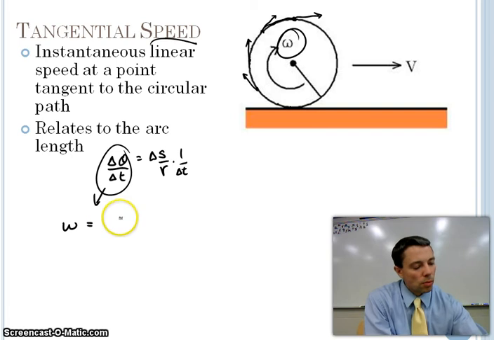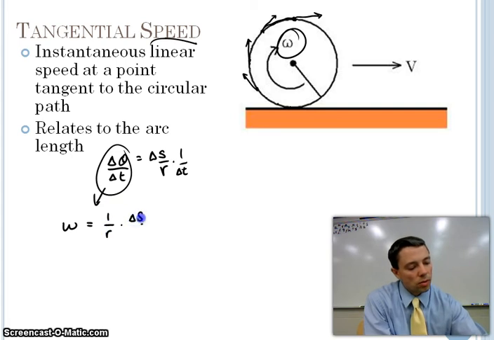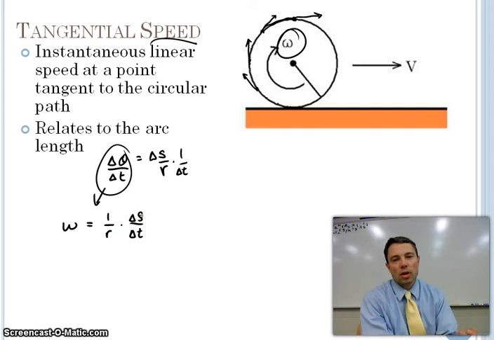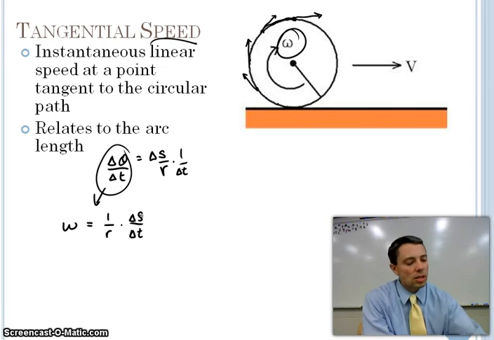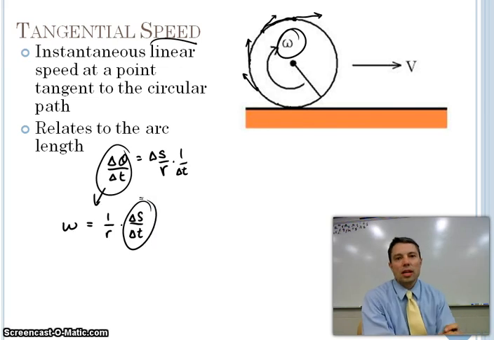It is equal to 1 over the radius times delta S over delta T. Remember that S represents an arc length, measured in meters or centimeters or some unit of length, and so this represents a speed in a linear sense.